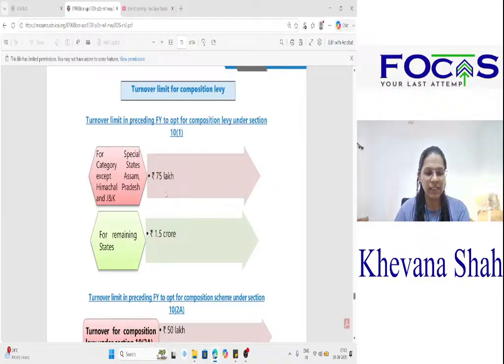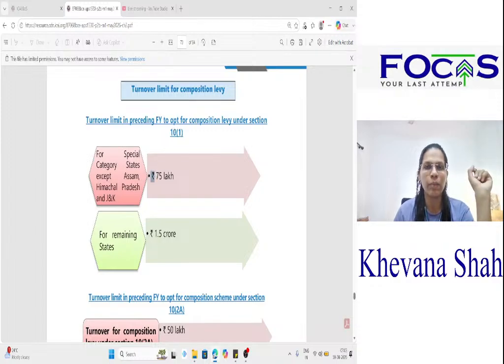Now, the next thing we need to do is check the turnover limit for composition levy. Okay. So, turnover limit in the preceding financial year to opt for composition levy under section 10.1. As I said, first of all, you will be checking under section 10.1. So, for special category states except Assam, Himachal Pradesh and Jammu and Kashmir, we have to check the turnover limit.